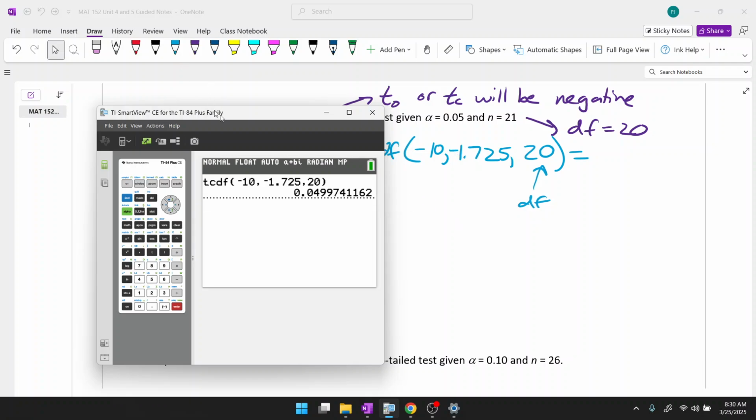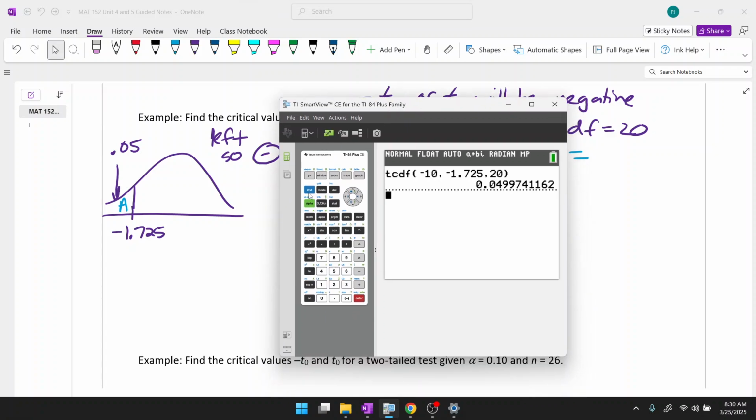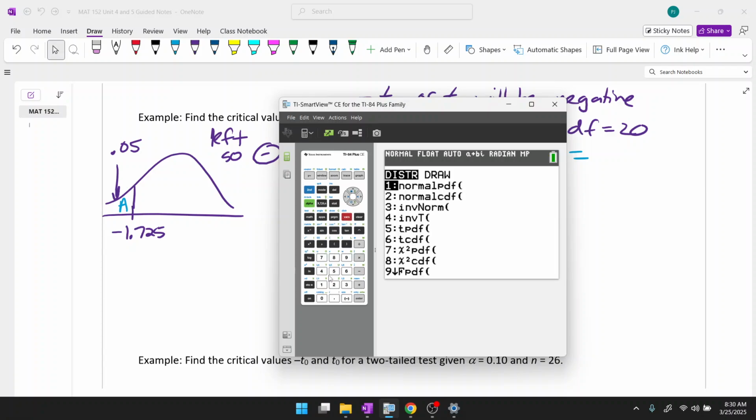Now, if you did area B from negative 1.725 on, you would get 0.95. Now, if we maximize the TCDF at, say, 100, let's see if that might change it, or even 1,000.